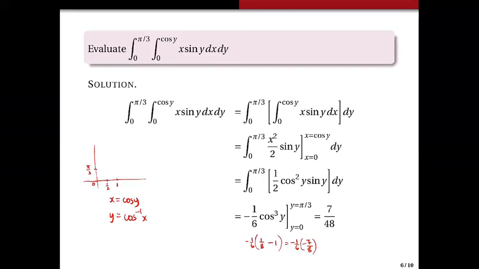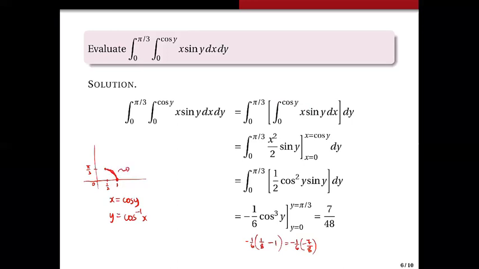You have this point, and then you will have this point here. At y equals 0, x equals 1. At y equals pi over 3, x equals 1/2. So you will have the part of the graph in here.